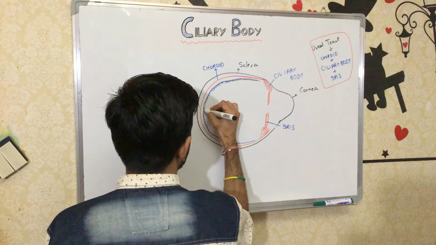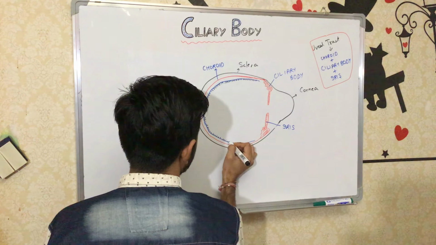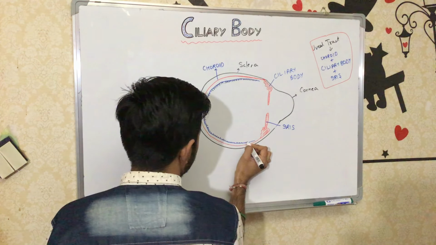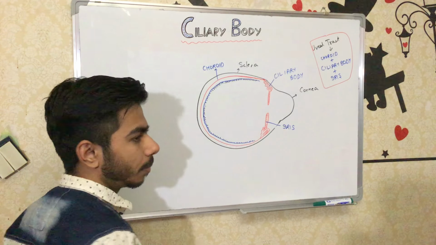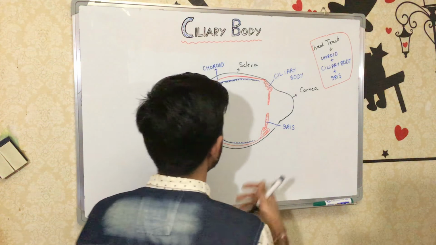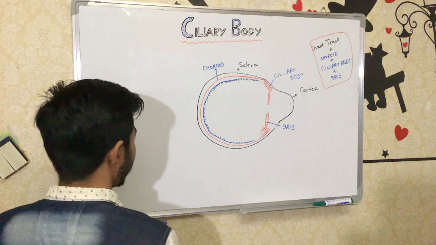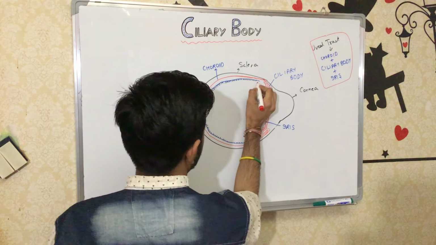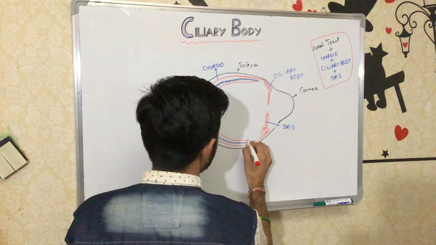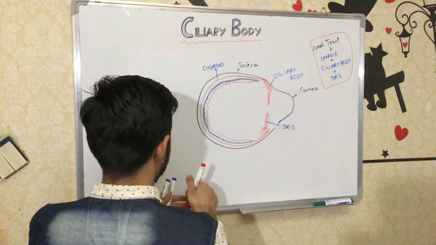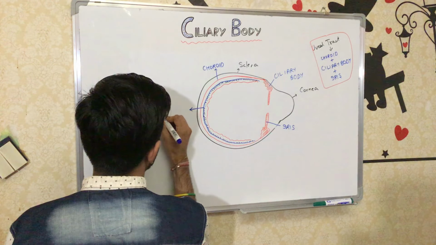Inside it we have one more layer of the retina, which is called the neural layer. With the black I have drawn the pigmentary layer or pigmentary epithelium of the retina, and more inside it we have the neural layer, for example this one. So that will be the neural layer of the retina. These are the parts of the retina, and this blue color is the retina.